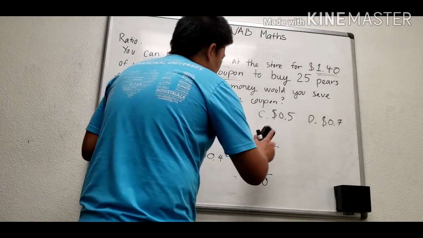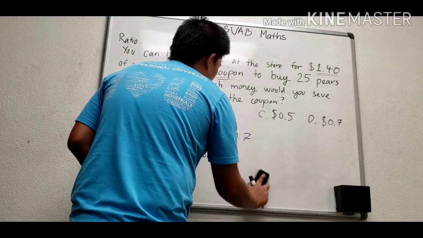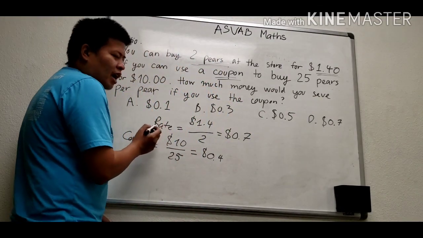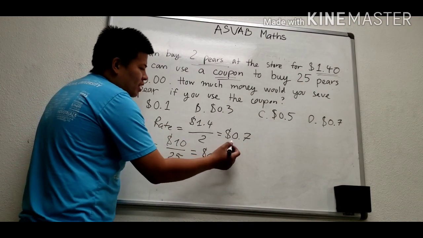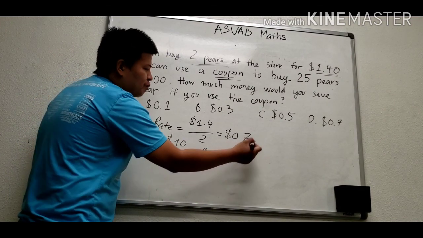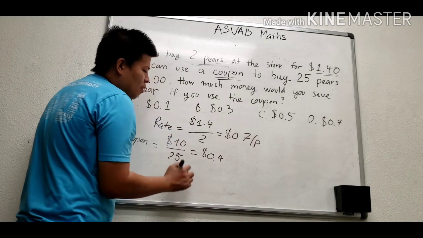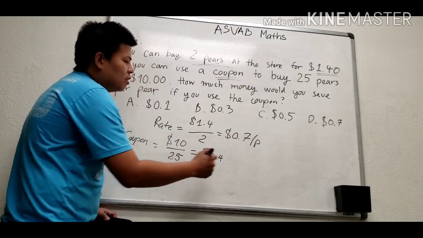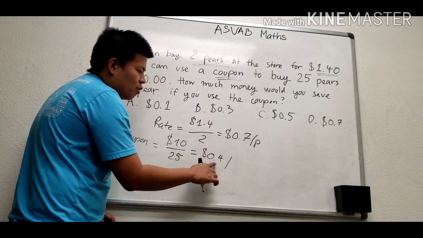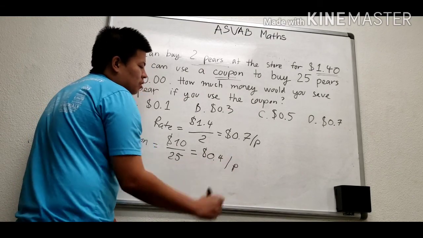And after that, we can see that without the coupon, the rate is about 0.7 per roll. If we use the coupon, that's about 0.4 per roll.